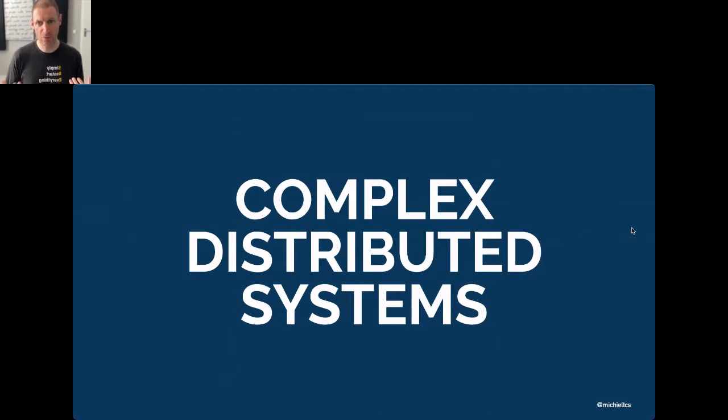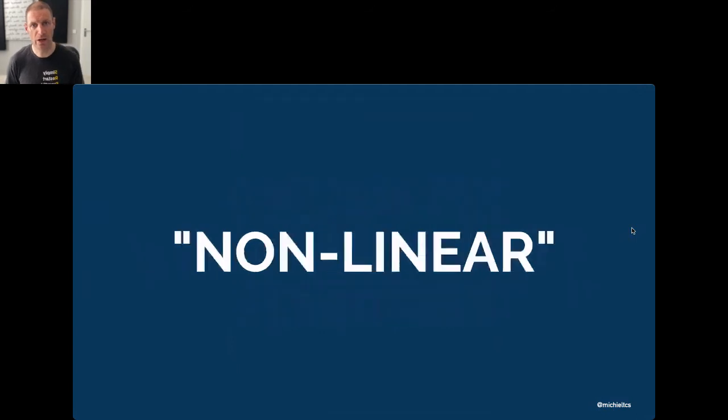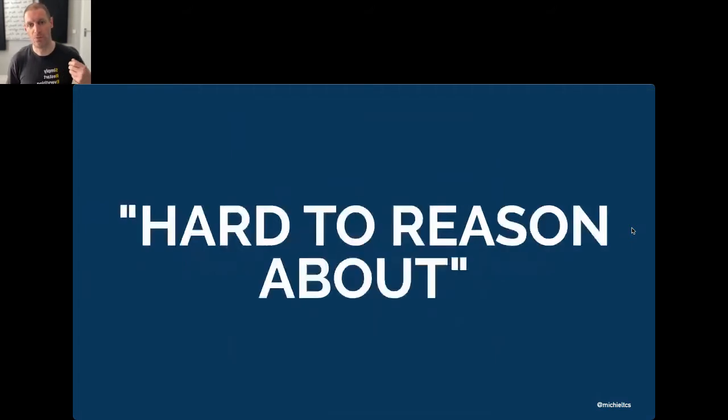Let me describe a little bit what I think is a complex and distributed system. Okay, it's a system that is nonlinear, which may appear chaotic, unpredictable, counterintuitive. The change in an output is not proportional to the change in an input. Okay, these systems are typically hard to reason about. They're difficult to describe. System-level behavior is difficult to explain just by looking at the individual components of the system.